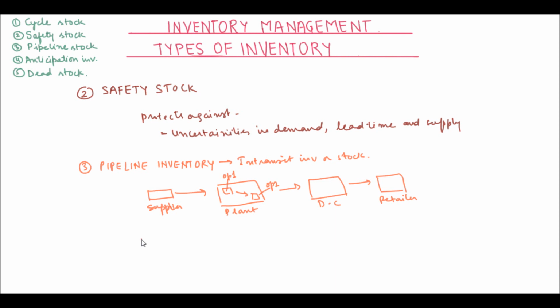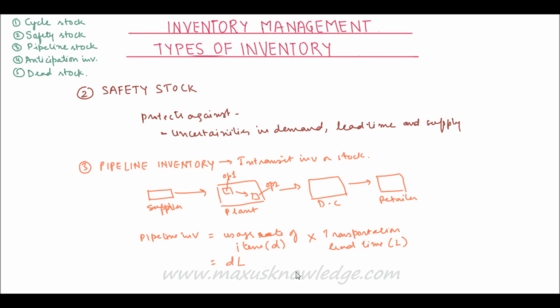Now the pipeline inventory of an item between two adjacent locations is the product of the transportation time and the usage rate of the item. So pipeline inventory is equal to the usage rate of the item, denoted as D, multiplied by transportation lead time, denoted as L. So this is equal to DL.